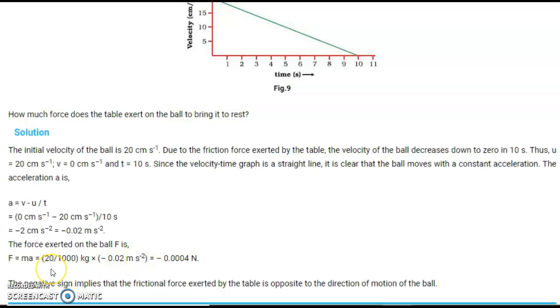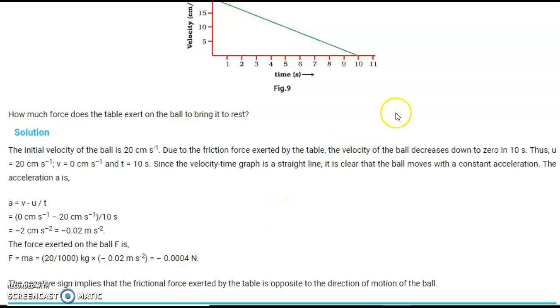Now you can multiply, so you'll get minus 0.004 Newton. So the negative sign indicates the friction force exerted by the table is opposite to the direction of motion of the ball.